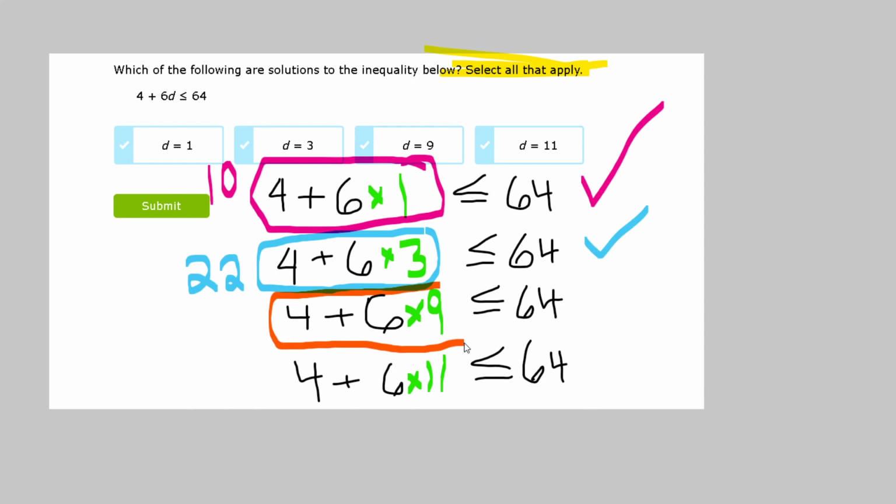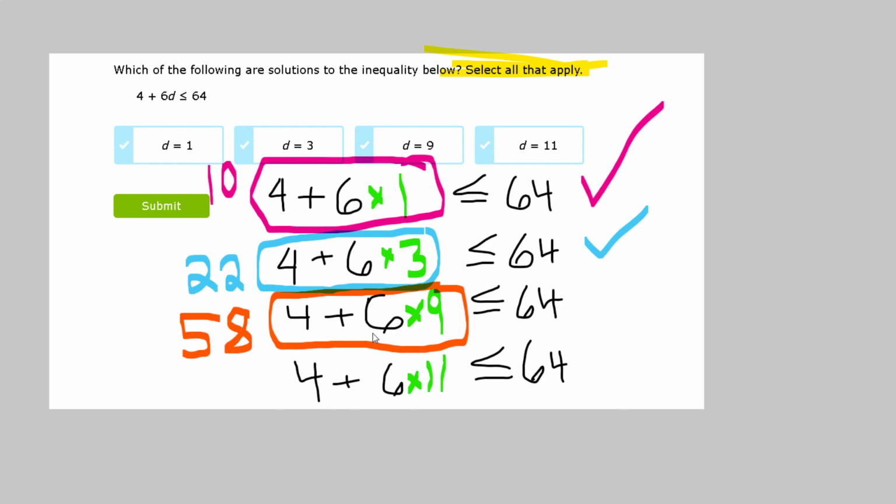What about here, though? Now we're multiplying by quite a bit bigger number. I have a feeling that could change things. But let's see. 6 times 9 is 54. Plus 4, 58. Now, we could try out this next one, but I know if we did 4 plus 6 times 10, well, 6 times 10 would be 60 plus 4, so 64.